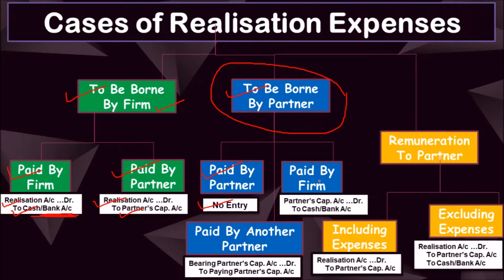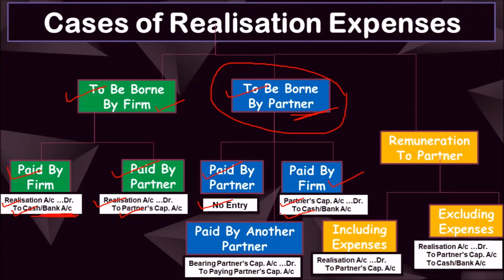So let's understand this. If this is the situation, expenses were to be borne by the partner but paid by the firm, meaning the firm paid realization expenses on behalf of the partner, then the money went out from the pocket of the firm. So in that case we will credit cash or bank account, but we will debit the partner's capital account.